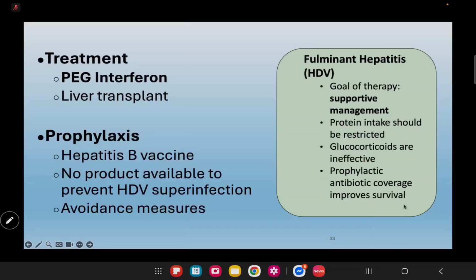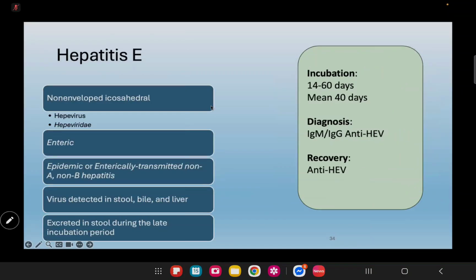Finally, we will discuss hepatitis E. Okay, last na lang. We're almost done. It's the fifth major cause of viral hepatitis. Hep E is a non-enveloped icosahedral single-stranded RNA virus belonging to the Hepeviridae family, genus Orthohepevirus.